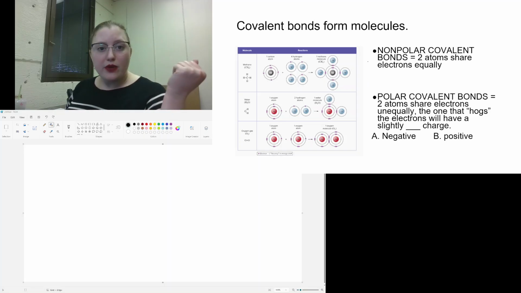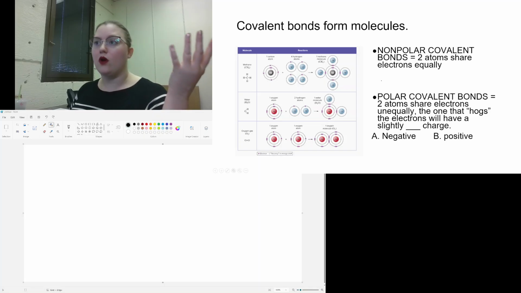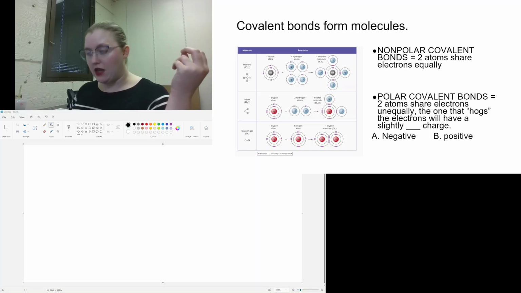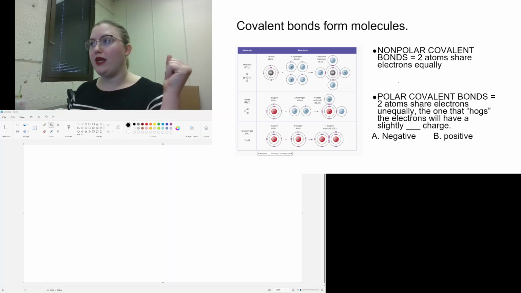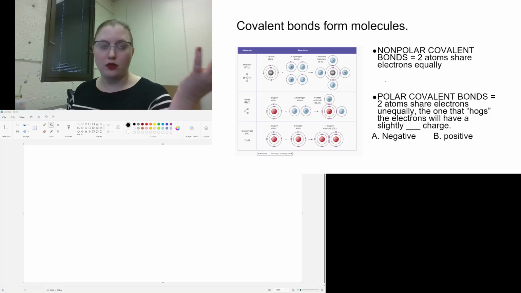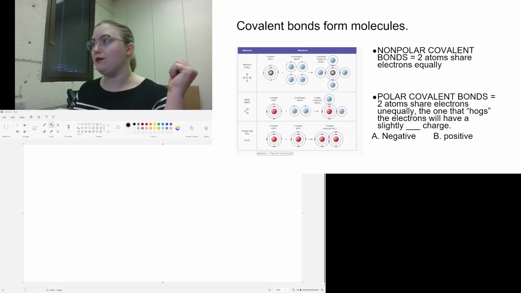Okay, so the last thing we need to talk about are covalent bonds. Covalent bonds are when we have shared electrons. We see these in living things as bonds between our carbon, hydrogen, nitrogen, and oxygen, those four elements that make up most biological molecules.